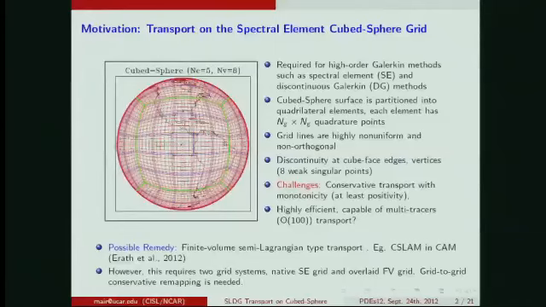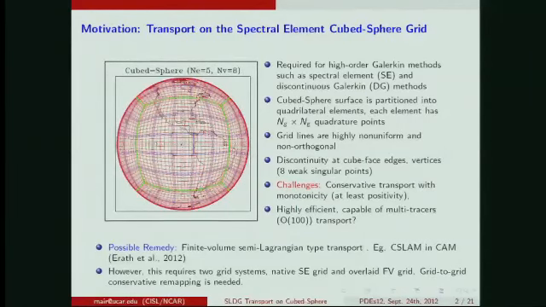Motivation of my talk. What you see here is a cube sphere grid with this spectral element gridding. You can see the blue line separating the elements, and you can see highly non-uniform points within the element. These are actually quadrature points.